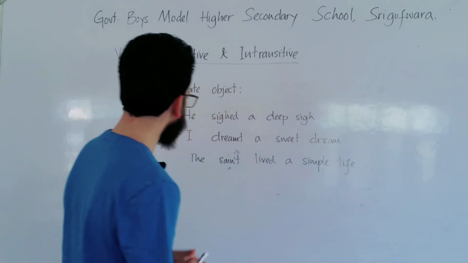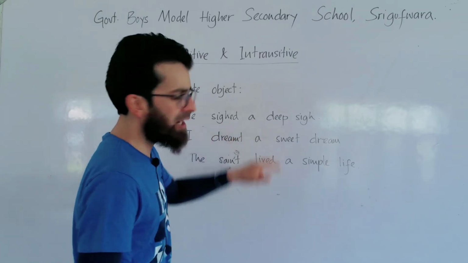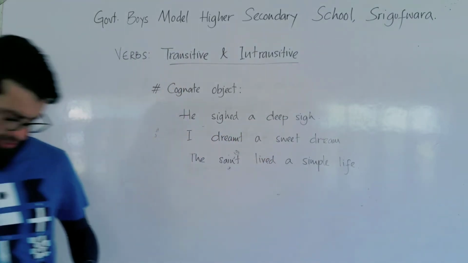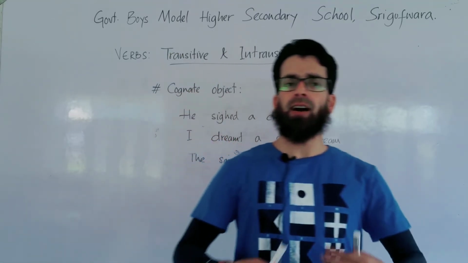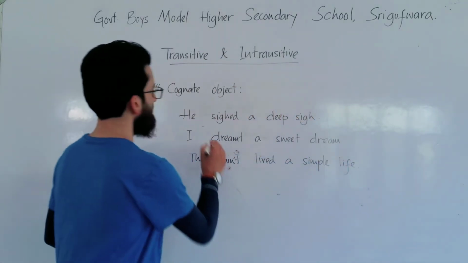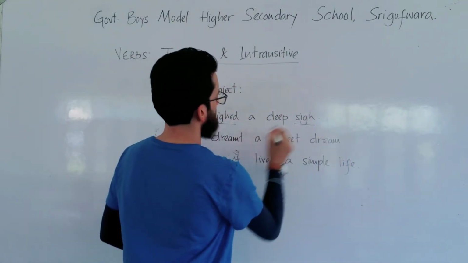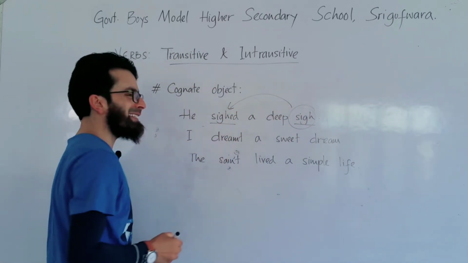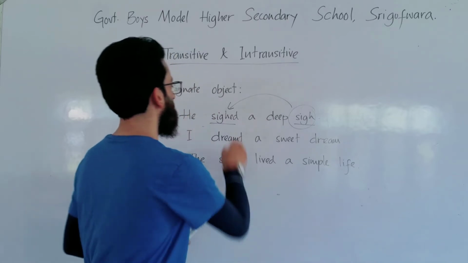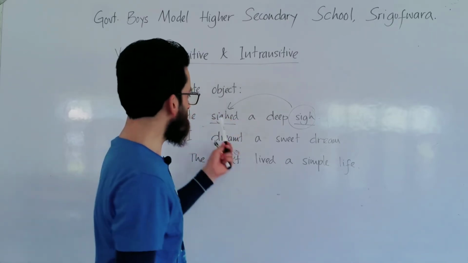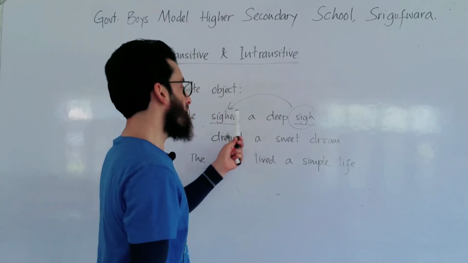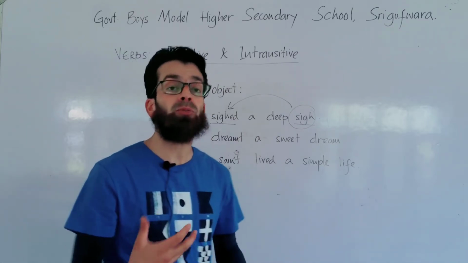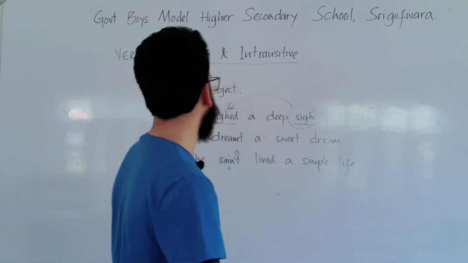For example, he sighed a deep sigh. So here sigh is the cognate object because it is akin in meaning to the verb itself. Hence this is an intransitive verb. Although it has an object, that is not the actual object, the actual receiver of the action.